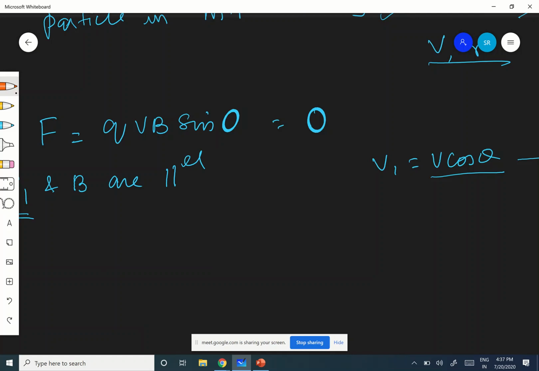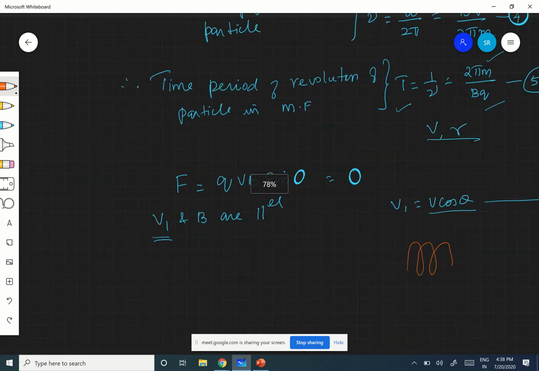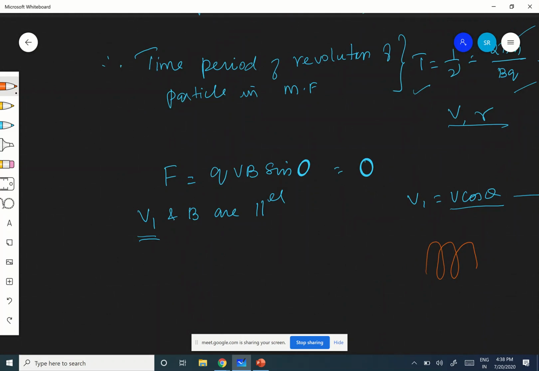Therefore, there should be some linear distance covered by the charged particle simultaneously. It should move in a circular path, and at the same time follow some linear path also, like this helical path. So what should be the linear distance traced?